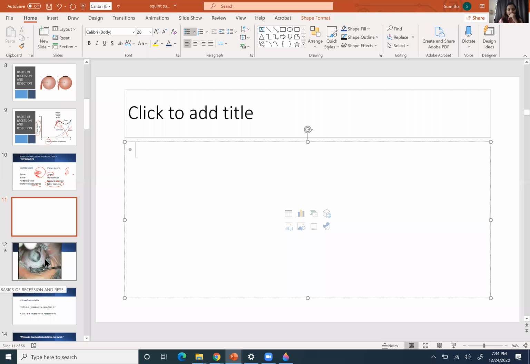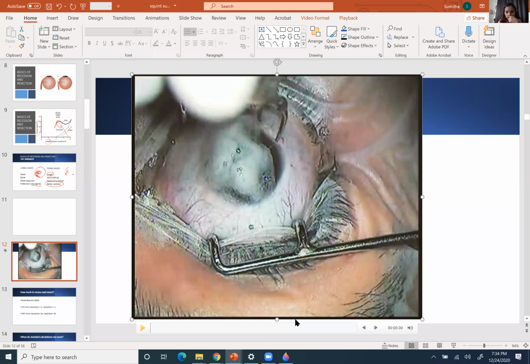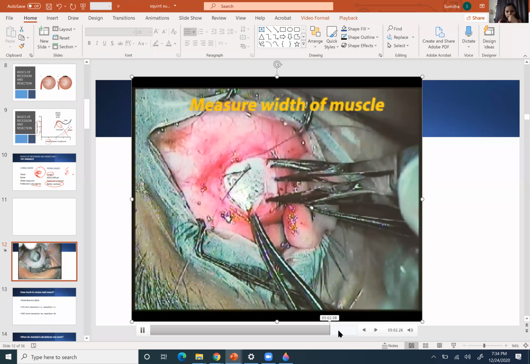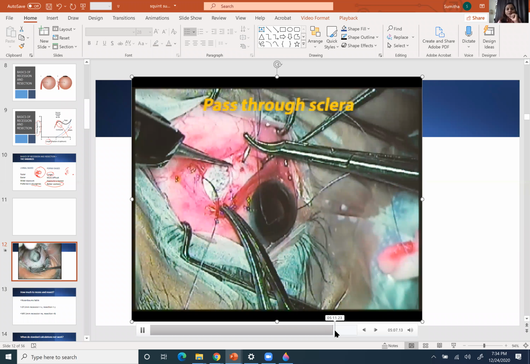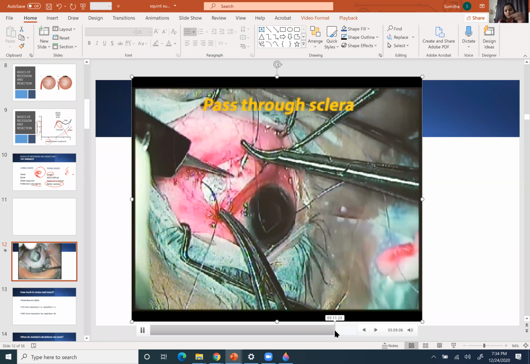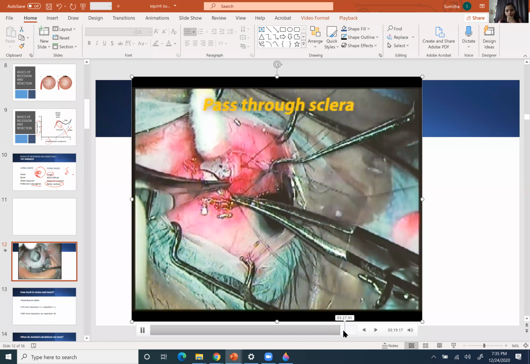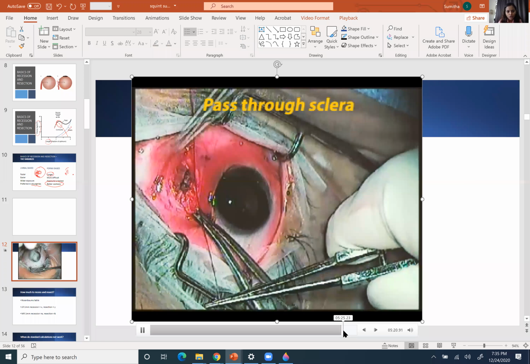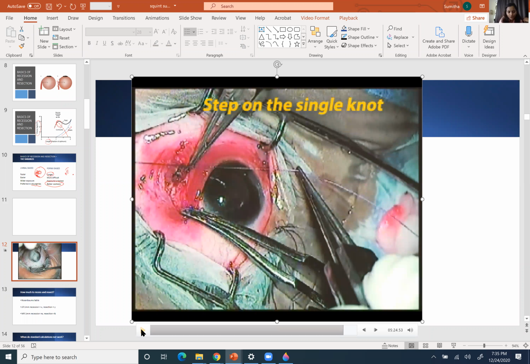Once you take that incision, one of the important steps in resection is this. A resected muscle is a tight muscle, agreed? So it is difficult to pull it to the insertion because you have shortened the muscle. Once you pull and bring it to that particular point, in case you don't hold the knot, it can go back.